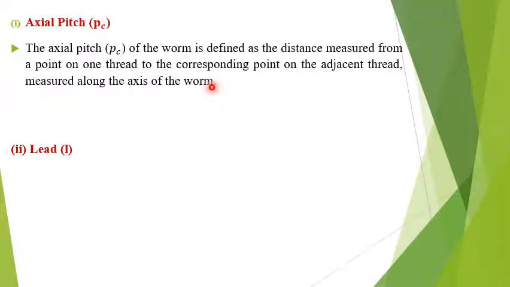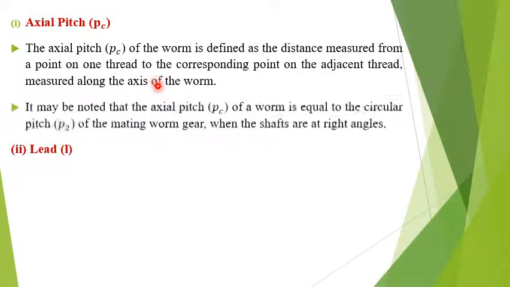It may be noted that the axial pitch PC of a worm is equal to the circular pitch, denoted by P2, of the mating worm gear. Whenever the shafts are at right angles, that means the angle between them is 90 degrees, the axial pitch of the worm should be equal to the circular pitch of the mating worm gear.